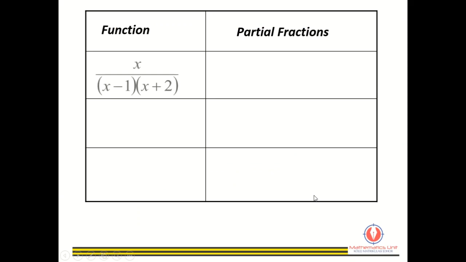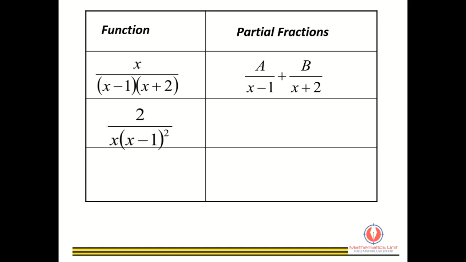For example, when we have the function x over the denominator x minus 1 and x plus 2, this one is degree 2. So the partial fraction is a over x minus 1 plus b over x plus 2.